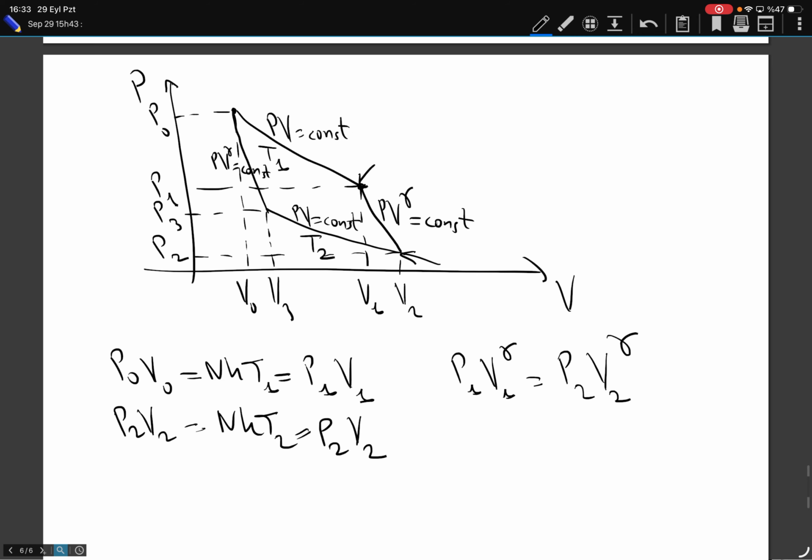The same thing will hold for, let me give them names, A, B, C, and D. Between the point D and A, they're on the same adiabatic curve, so P3 V3 to the gamma should be equal to P0 V0 to the gamma.